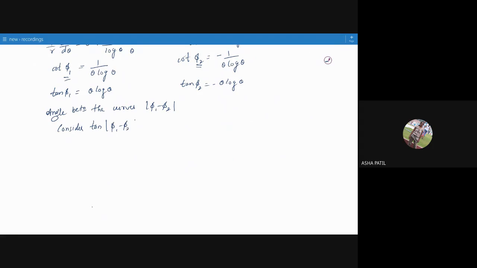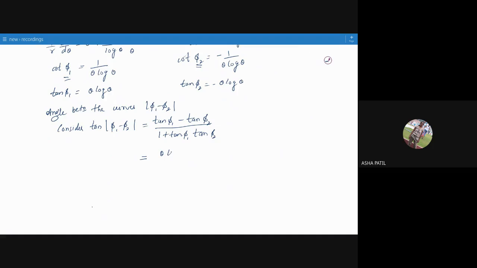Now we know the formula: tan of a minus b is tan a minus tan b divided by 1 plus tan a into tan b. So let us substitute the values.